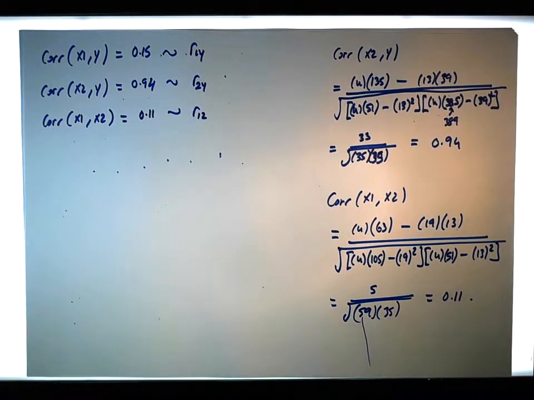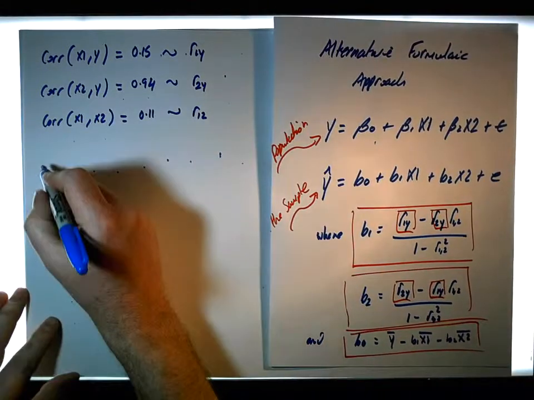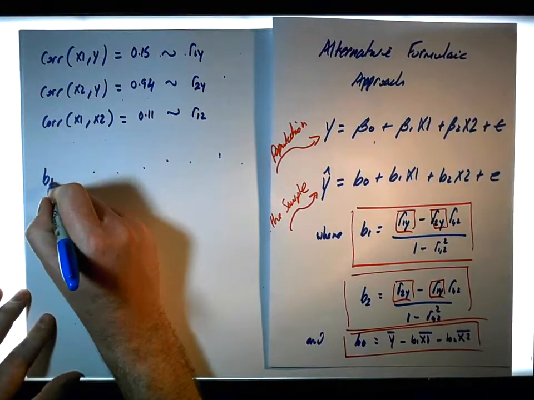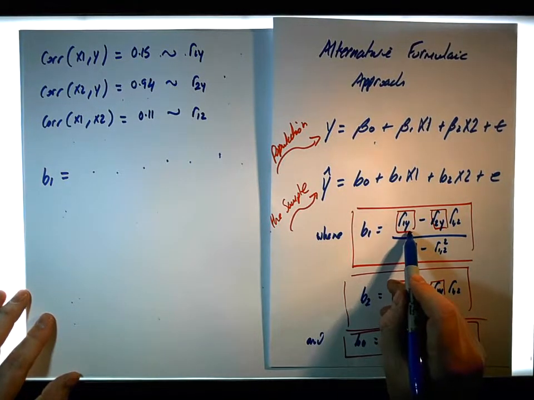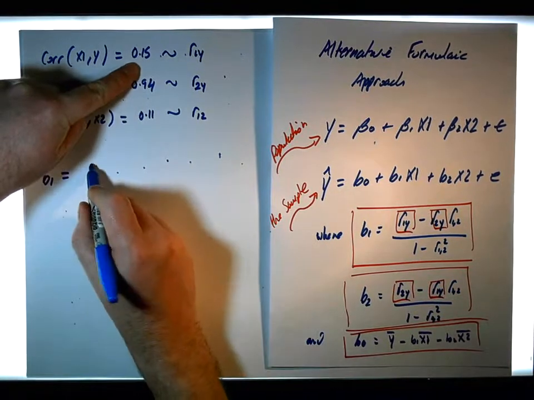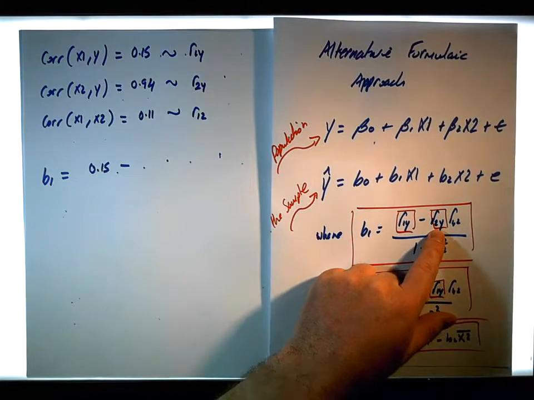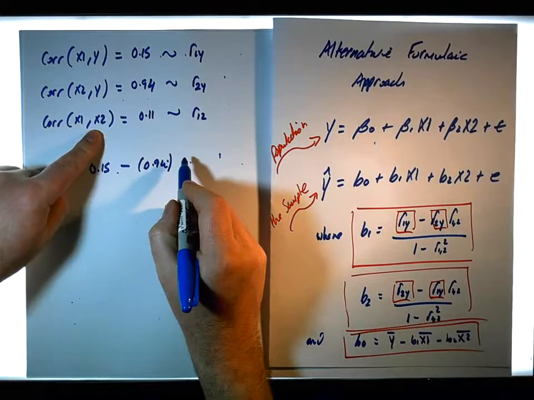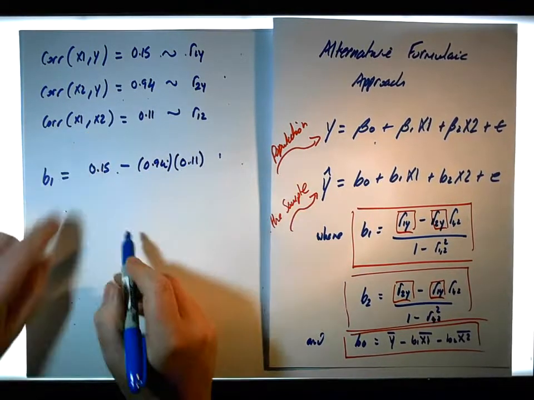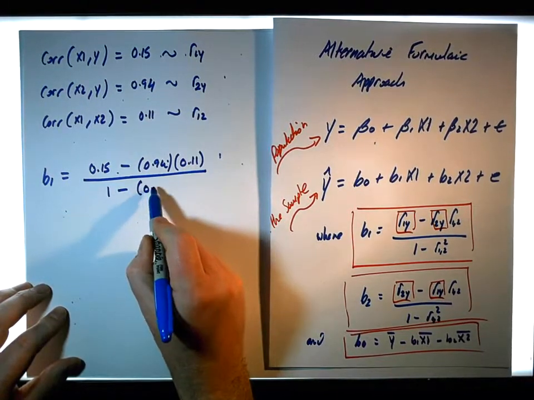Okay, so now we can build our model. Our first coefficient B1 is equal to the correlation between the first independent variable and the dependent variable, which is 0.15, minus the correlation between the second independent variable and the dependent variable, which is 0.94, times the cross correlation 0.11, divided by 1 minus 0.11 squared.